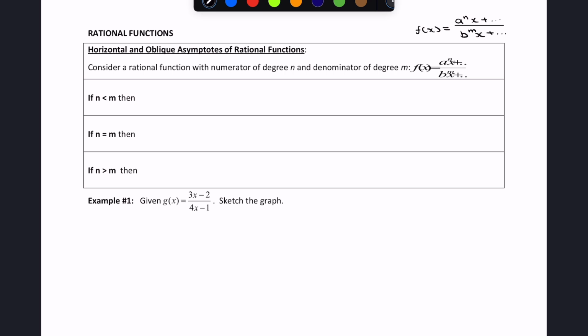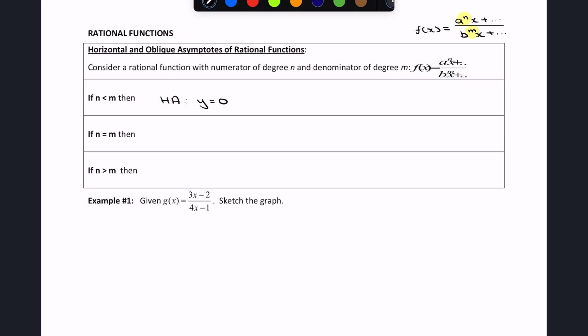Here we're looking at the exponents n and m. If n is less than m, then we know that we have a horizontal asymptote at y is equal to 0.